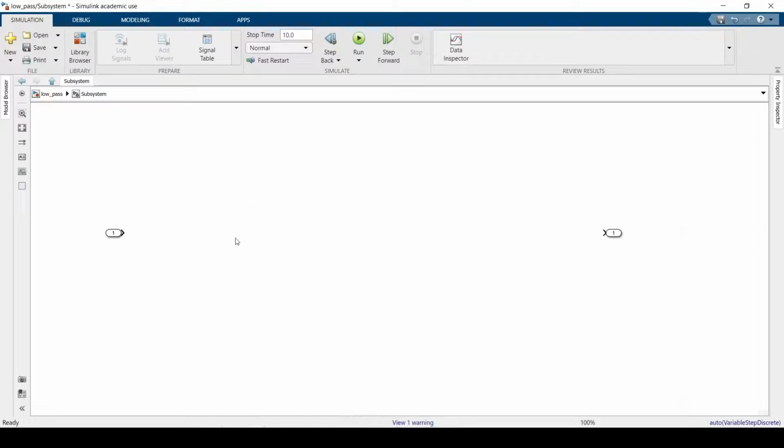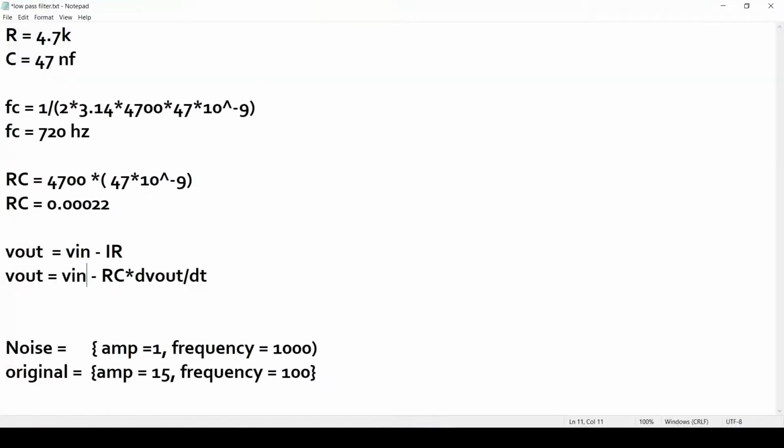For that I need to select a subtractor here. Choose a subtractor, and what are the inputs to the subtractor? The first input is V in minus RC dV out by dt.